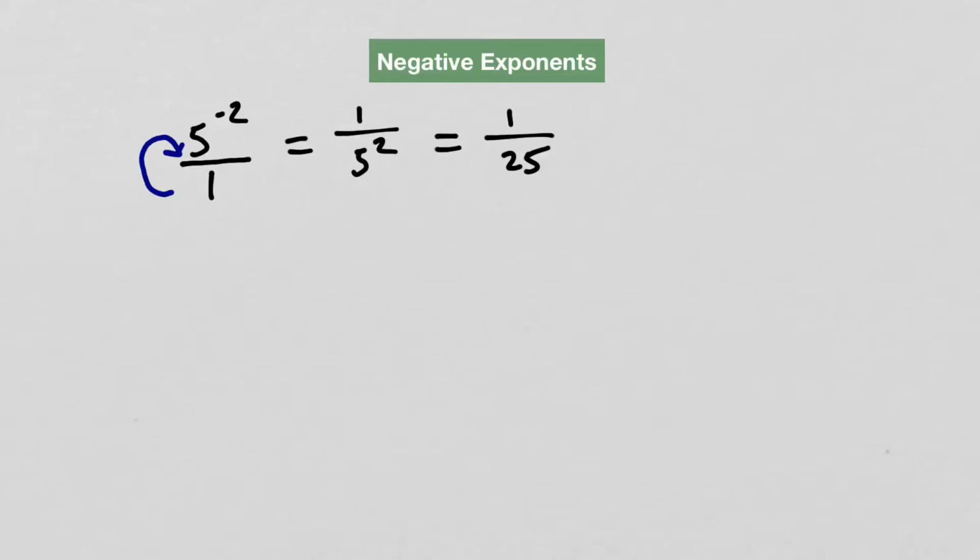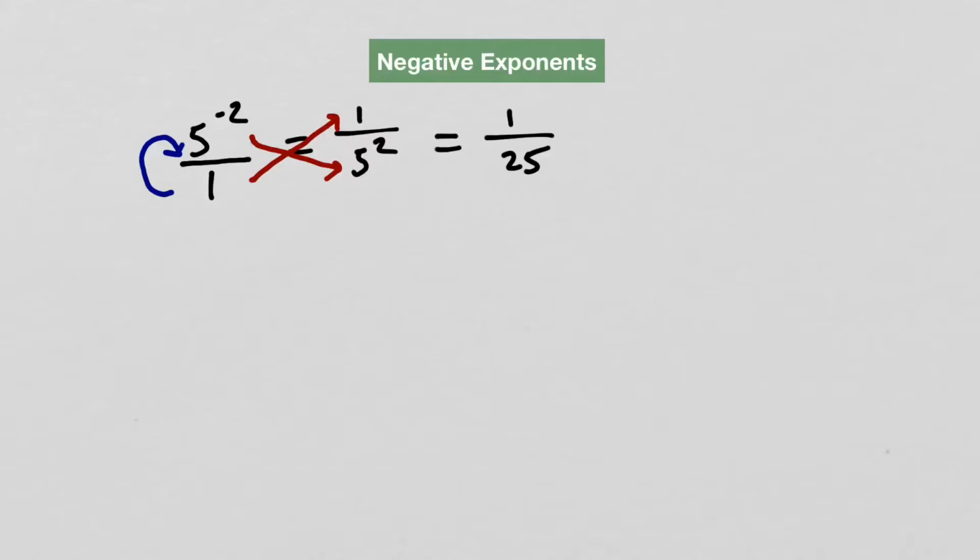Okay, so when you rotate that, the bottom becomes the top and the top becomes the bottom. In other words, whatever's in the numerator becomes the denominator, and whatever's in the denominator becomes the numerator. Okay, so whenever you see a negative, you flip it around, and then the power becomes positive.